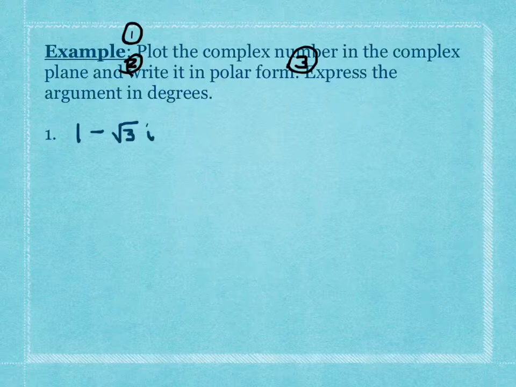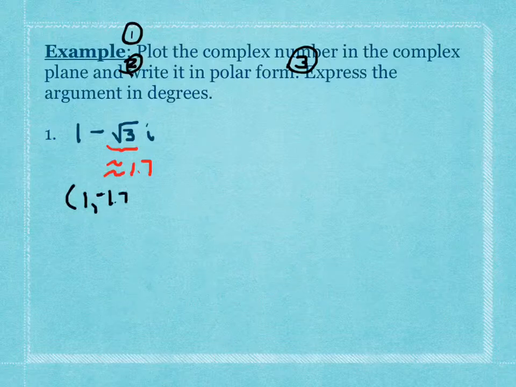All right, so the first thing we're going to do, as I said, is to plot this in the complex plane. First thing, though, is that the square root of 3 is approximately 1.7. So this will be in quadrant 4, because this is going to correspond to the point 1 and then negative 1.7.